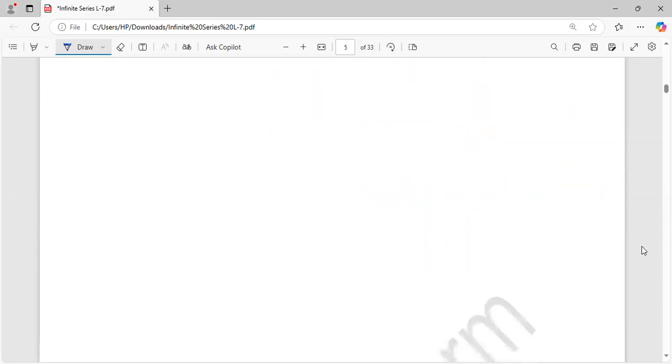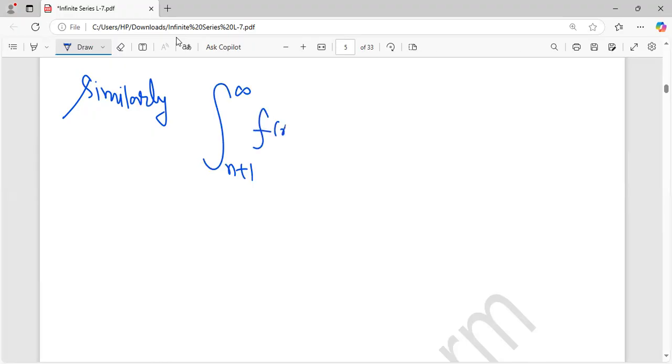Similarly, the integral from n+1 to infinity of f(x) dx, what will this be? This is 1 upon n plus 1. In a similar manner you can calculate.